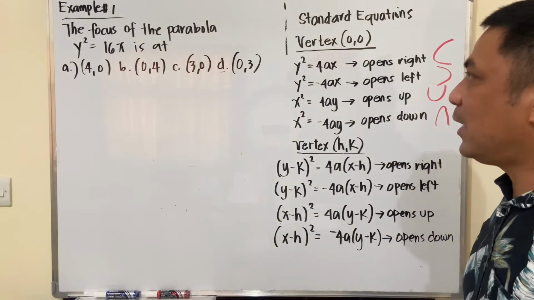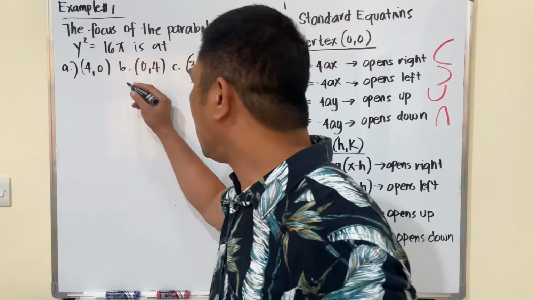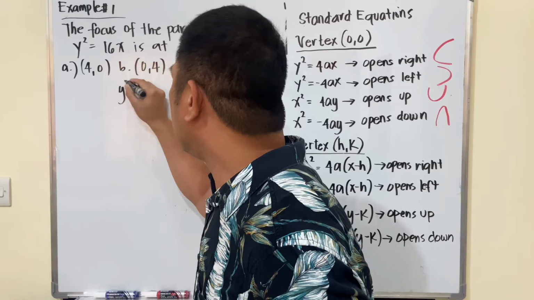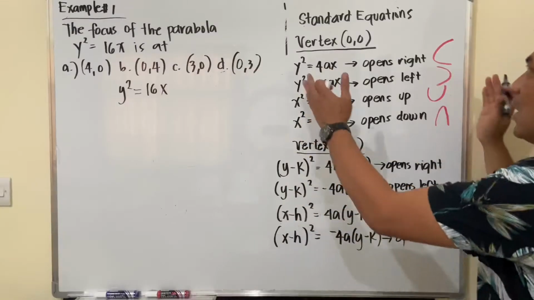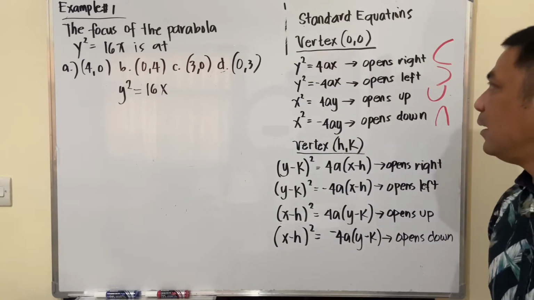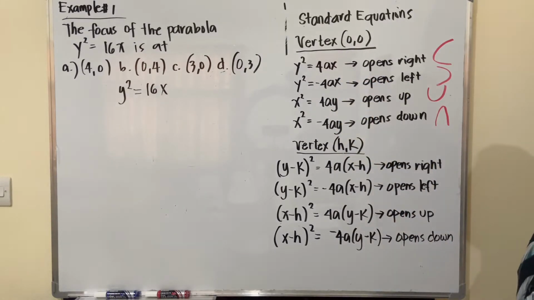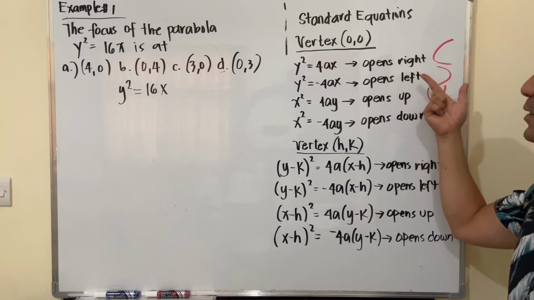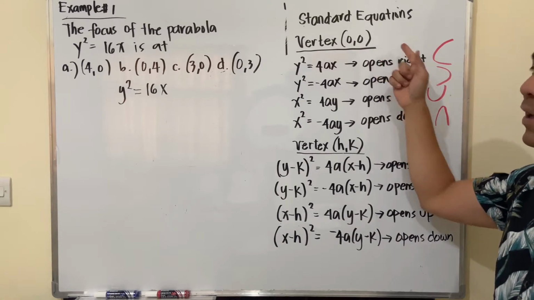So let's try. y squared is equal to 16x. This is the equation of our parabola. Going back to our standard equation, it falls under this form: y squared is equal to 4ax. Which means that your parabola is opening right and your vertex is at 0, 0.